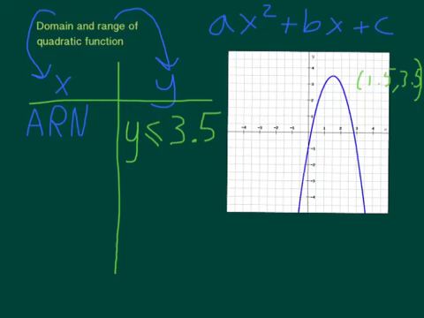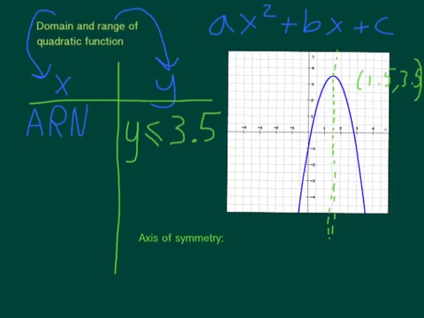Another thing to think about is the axis of symmetry. The axis of symmetry is an imaginary line that I can draw on, to which the function is symmetric. So here I've drawn it on. This line will always go right through the vertex, and it will always be parallel to the y-axis.